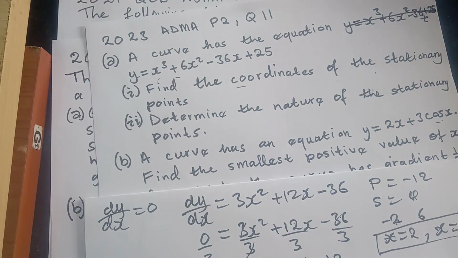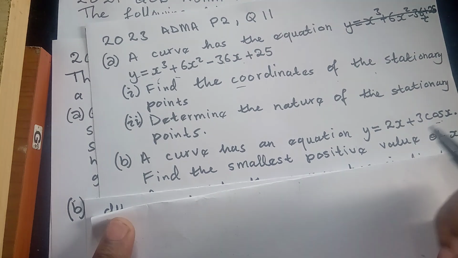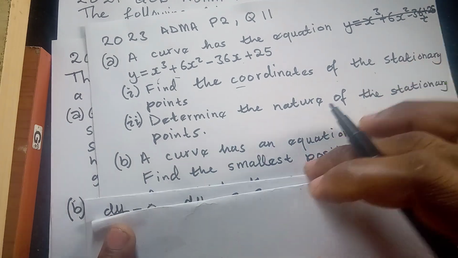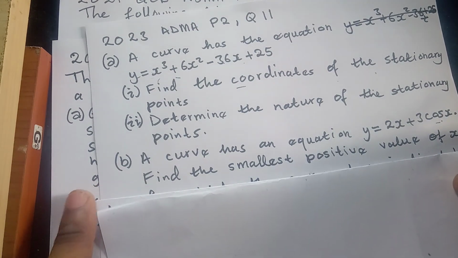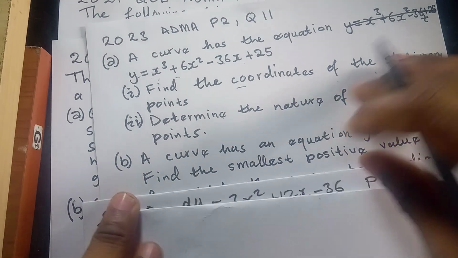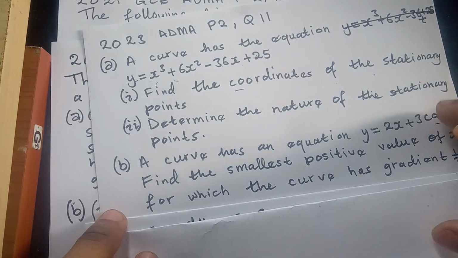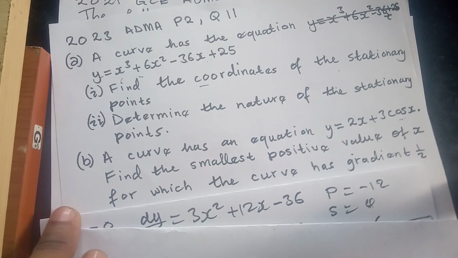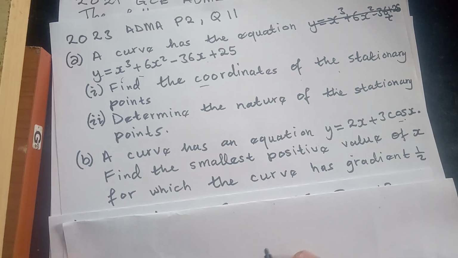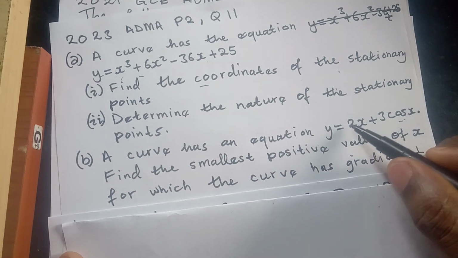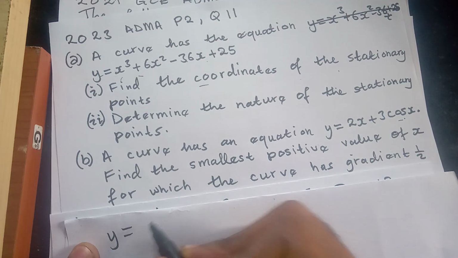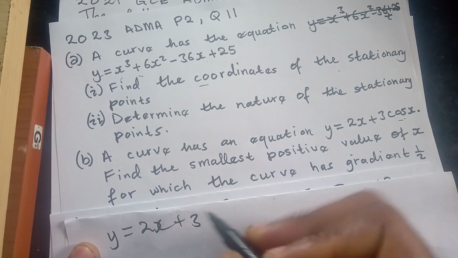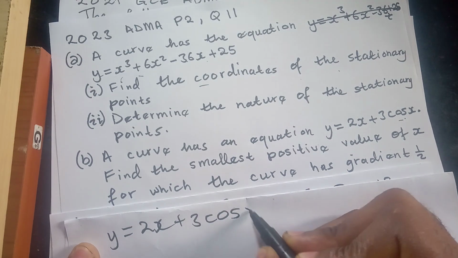Part B is saying the curve has an equation y is equal to 2x plus 3 cos x. Find the smallest value of x for which the curve has gradient half. To solve this one, the gradient of this is given by dy/dx. So y is equal to 2x plus 3 cos x.